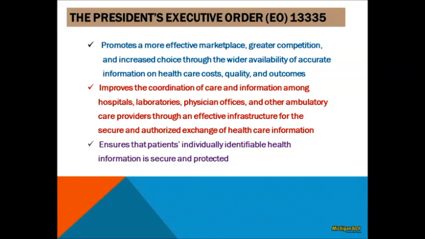The fifth is to improve the coordination of care and information among hospitals, laboratories, physician offices, and other ambulatory care providers through an effective infrastructure for the secure and authorized exchange of healthcare information.